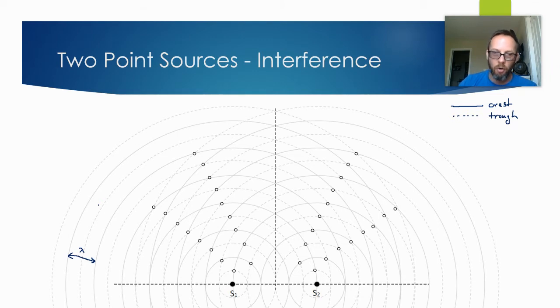No matter where you go, if you're closer to the source, if you rotate around the diagram, you get the same wavelength. The distance between two dashed circles is also the wavelength. So that's what the wavelength represents on that diagram. So crest to crest, trough to trough.